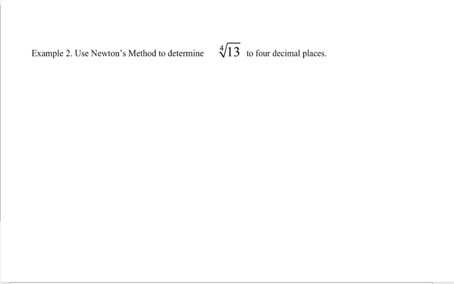Okay, same page. This is really fun. Without a graphing calculator, and let's pretend your calculator doesn't have the fourth root function, we're going to make that equal to x. So we're going to make a function.